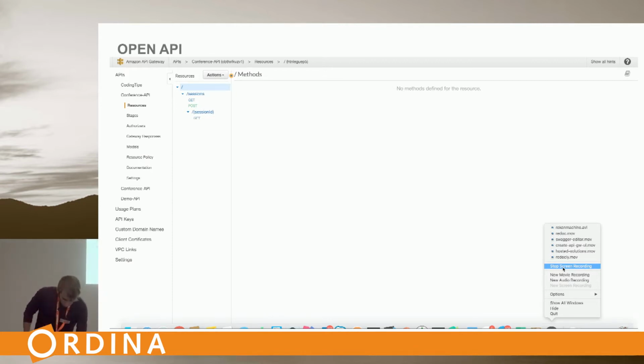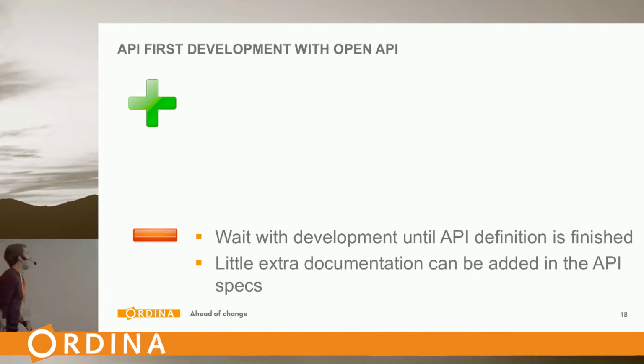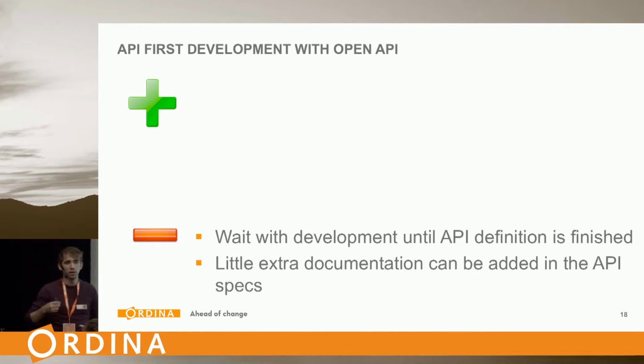So, to round up, pluses and minuses, always end with the plus side. So we'll start with the minuses. I told you, you want to be clear about your API, and you want to think about your API first. Design your API first. That means, on the other end, that you have to wait with your development until you have thought this through.